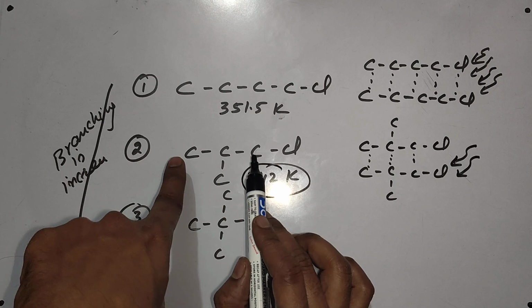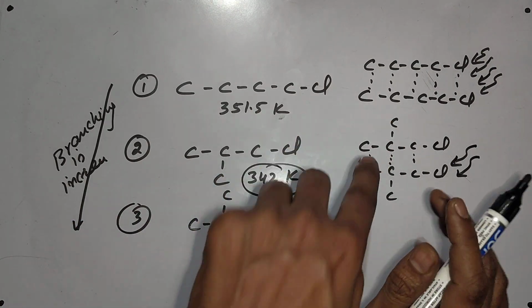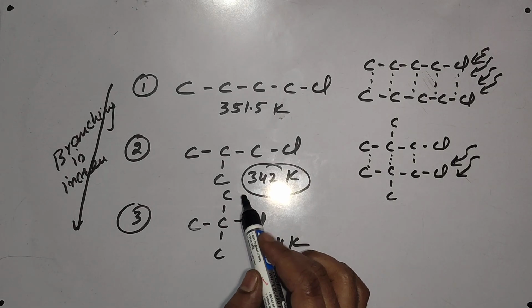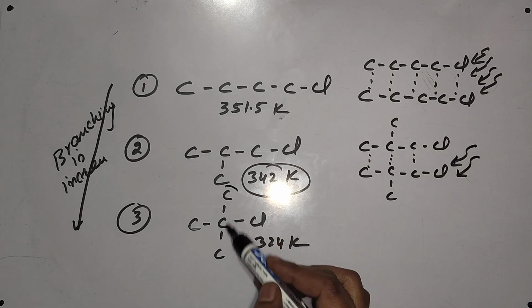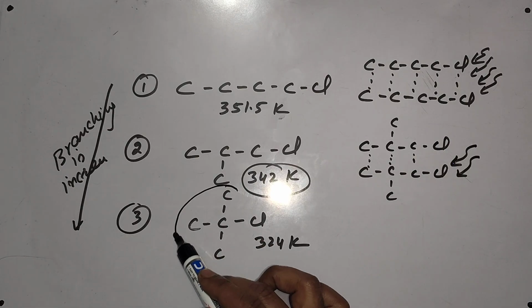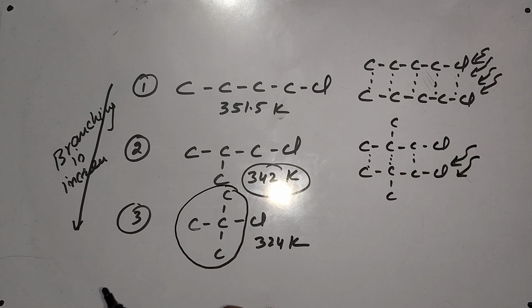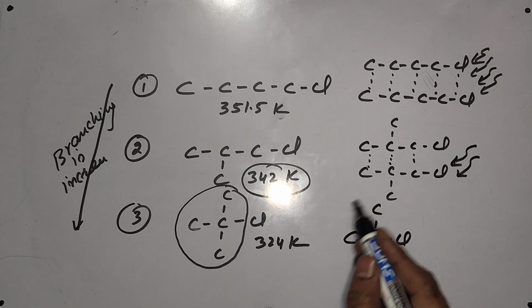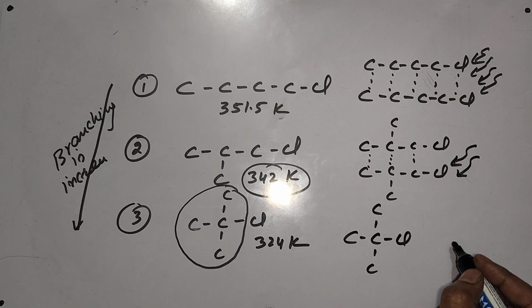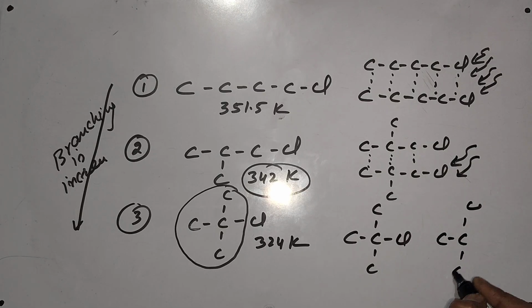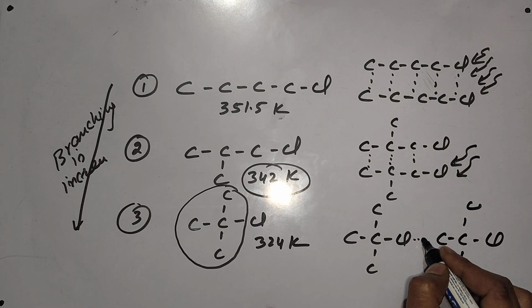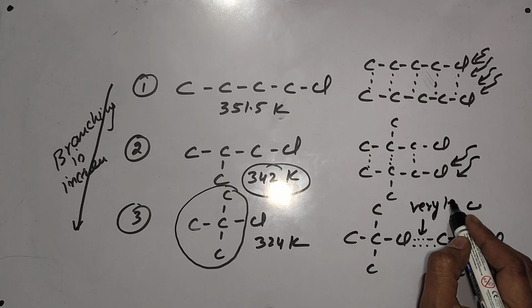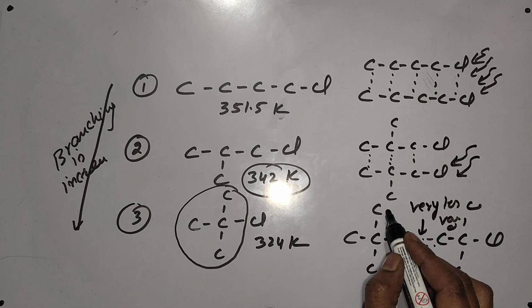Reason: less surface area of the particles in contact. Due to less surface area, van der Waals forces of attraction are less. And at last, when we check this particle, a lot of branching is there. Almost the whole hydrocarbon part is spherical. Due to this spherical surface area, the van der Waals force of attraction between the molecules is very less, because the surface area in contact is very less.